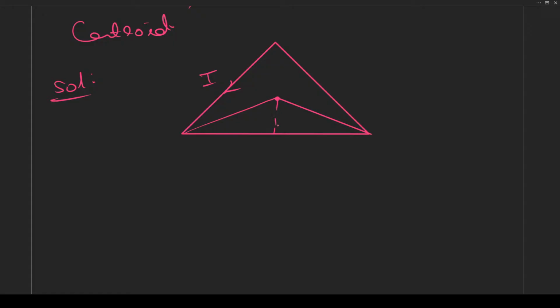Since the total angle is 60°, here also if it is 30°, then this will become 60. This will also become 60 degrees. This distance, let's call it r, and for this centroid, the distance from the center should be a by 2 root 3, and the side length a should be equal to 1 by 3 meter.